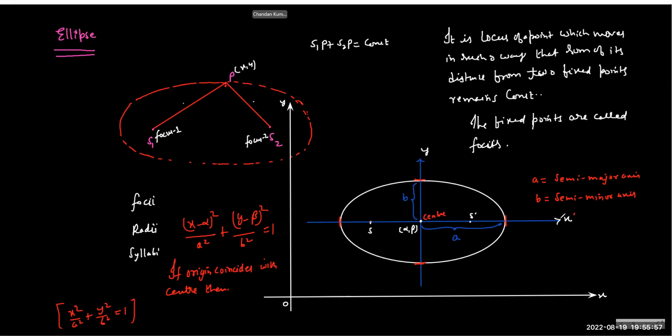So there are two things: one is the axis of the ellipse, the other is the axis of the plane. If those two are parallel to the x and y axes of the coordinate system, then this is the formula.